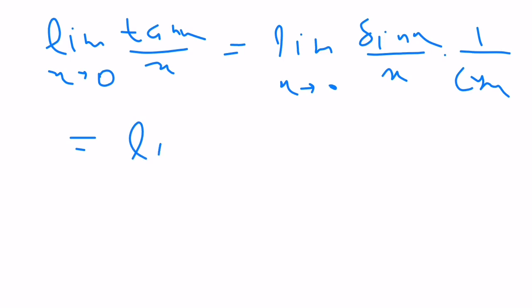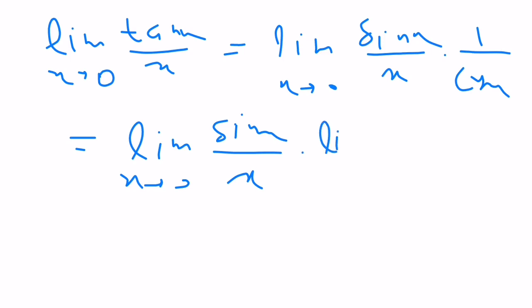Now this is equal to limit x tends to 0, sin x divided by x, and limit x tends to 0, 1 over cos x.